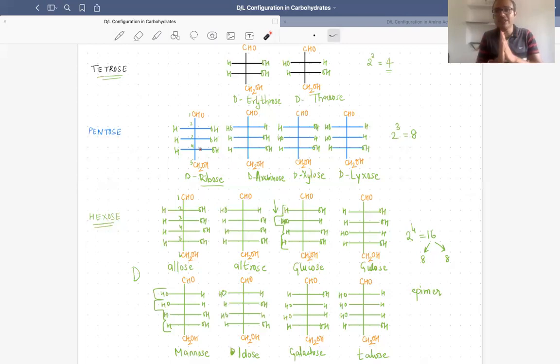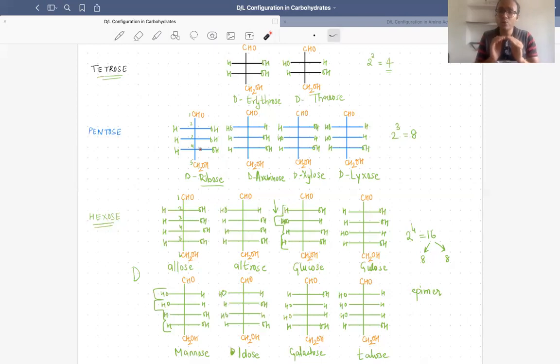So how do we differentiate two different forms of glucose? It's simply on the basis of the D and L configuration. When you have the glucose where the lowest or penultimate carbon, or the highest numbered carbon atom, has OH on the right side, as you see in D-glyceraldehyde, then we say it has the configuration D. When the OH is on the left side of the Fischer projection formula, we say it has a configuration of capital L. So I hope you understood.